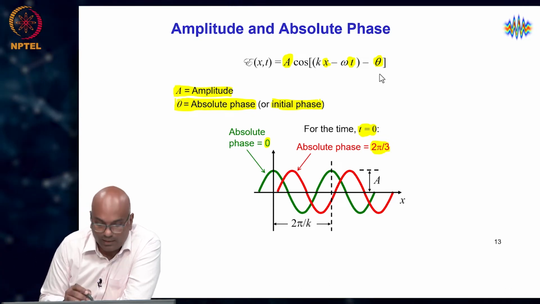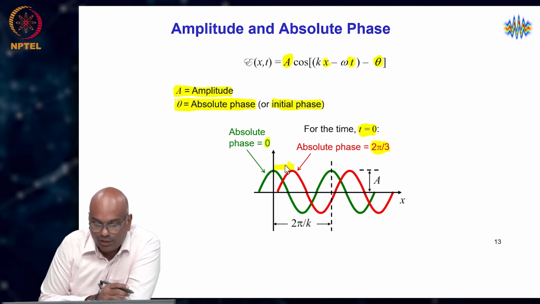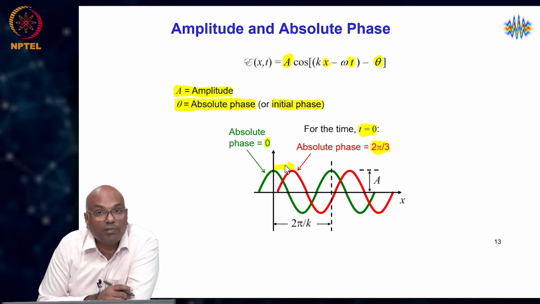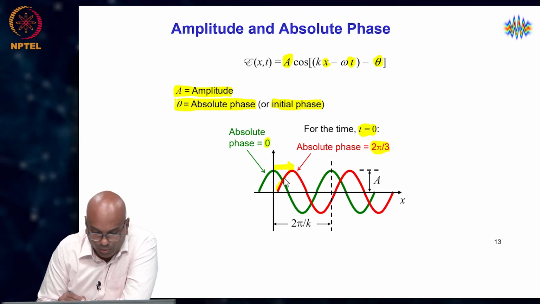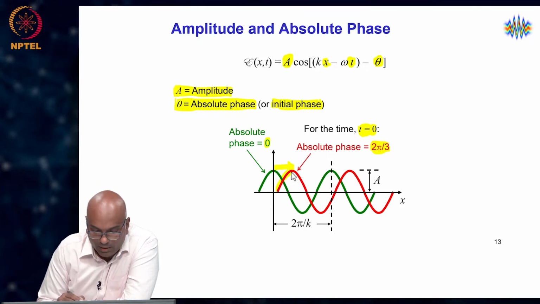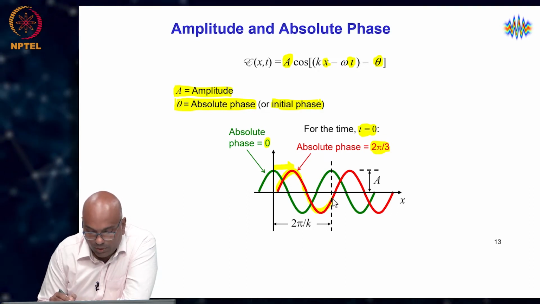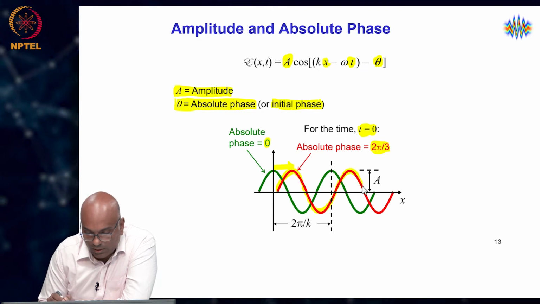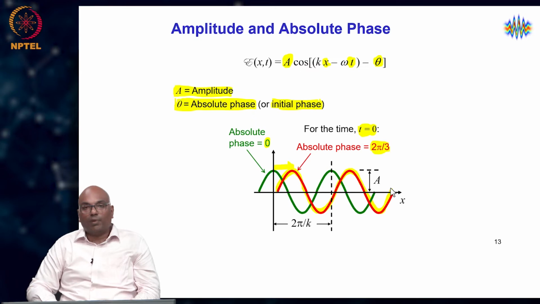This essentially has the effect of the wave in some sense being shifted by a phase factor of 2 pi by 3 as this plot shows, and it certainly does not have a maximum amplitude at x equal to 0 and t equal to 0, and this essentially is the form of the wave.